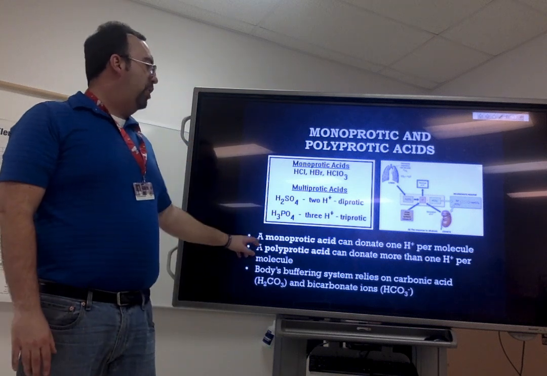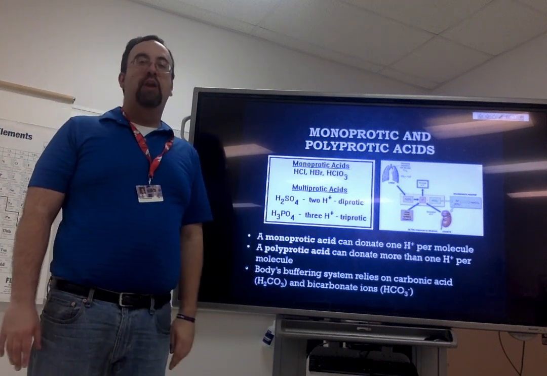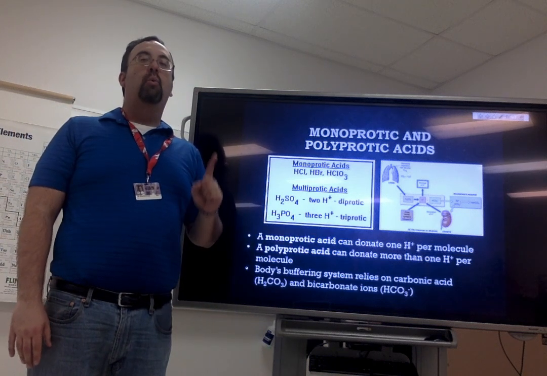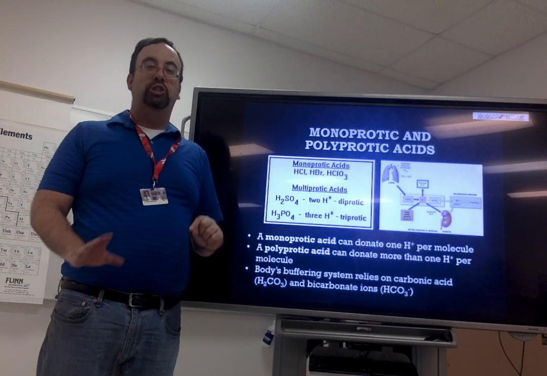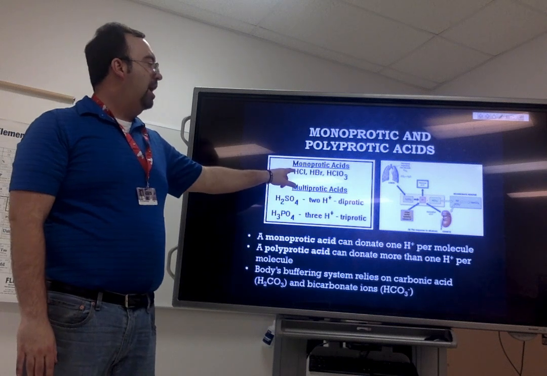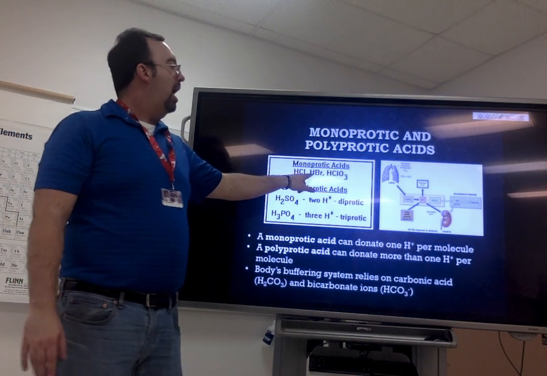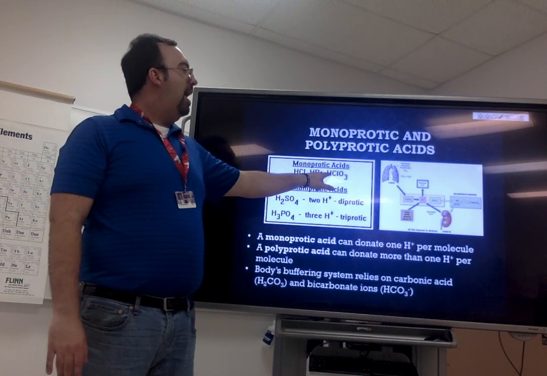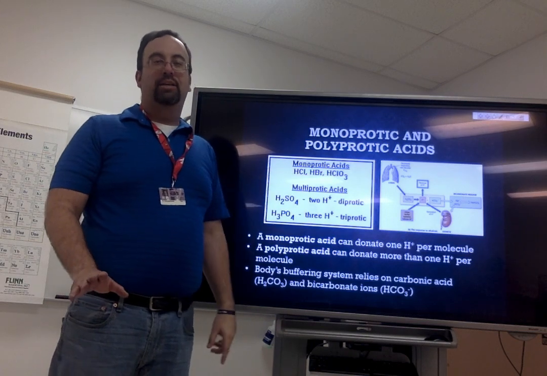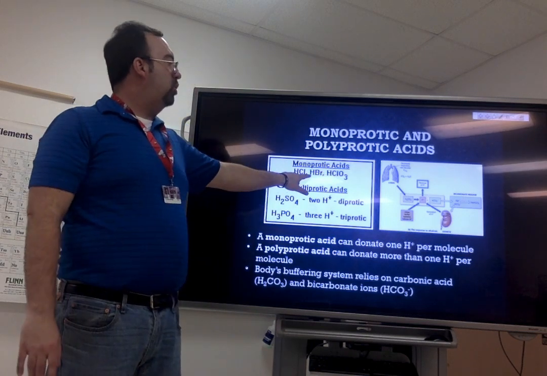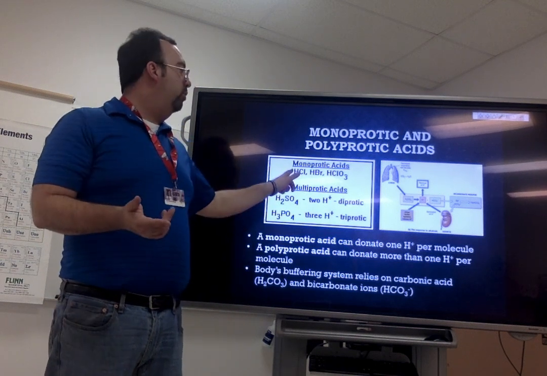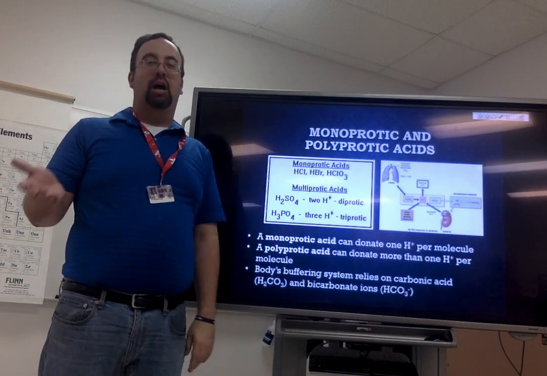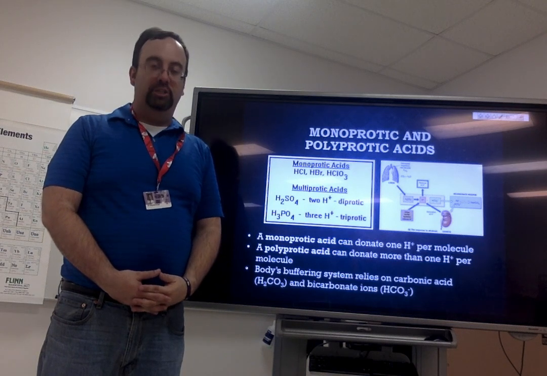And so a monoprotic acid can donate one and only one H plus or hydrogen ion per molecule. Some examples of this would be hydrochloric acid, hydrobromic acid, and chloric acid. Notice each of these only has one H. And by only having one H, they can only donate that one H plus ion. And therefore, that is why they're considered monoprotic.